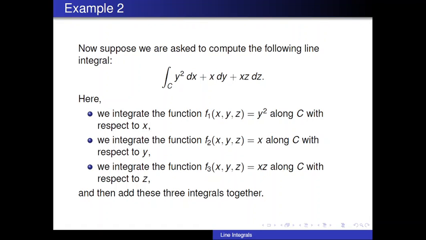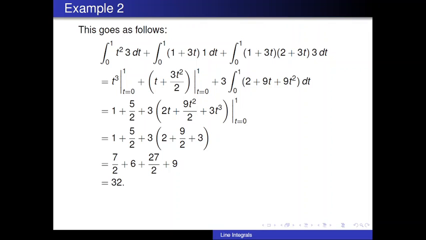All these integrals we end up doing are with respect to t, the parameter for our curve. So let's watch that go here. The first function was y squared, and our curve has y of t equal to just t. So that gives us t squared, and x prime of t is 3. So we have here t squared times 3 dt for our first integral.